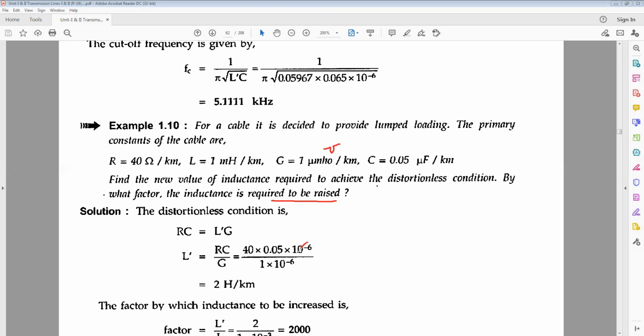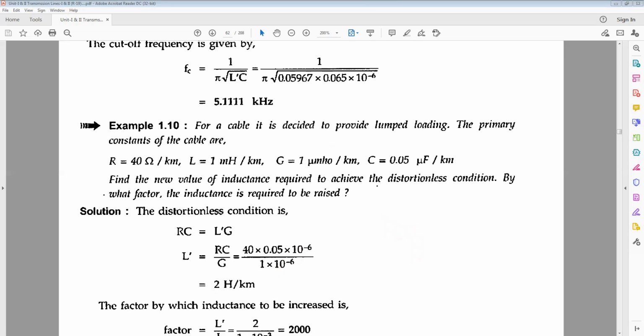L dash is equal to 10 power -6, 10 power -6 get cancelled. 0.05 by 100, 40 into 5 by 100, and these also get cancelled, and 5 twos are 10 and 2 twos are 4, so 2 H per kilometer, L dash is equal. Actually, in the primary constants, L is equal to 1 millihenry per kilometer.